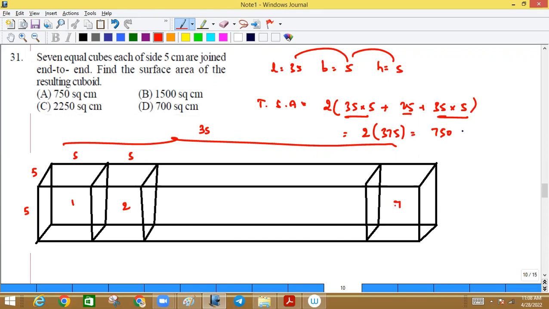There are how many cubes? 7 cubes. Generally, each cube has how many surfaces? 6 surfaces. 7 cubes means how many surfaces it should have? Each surface is a square surface. 42 surfaces it should have, yes or no?